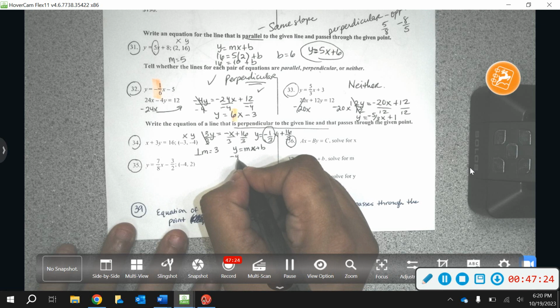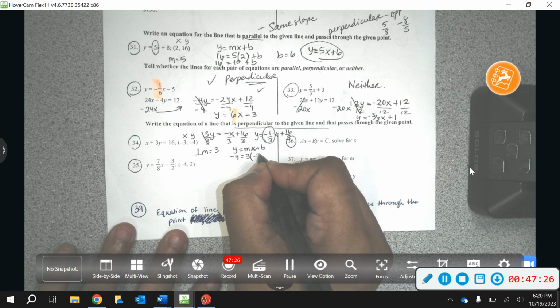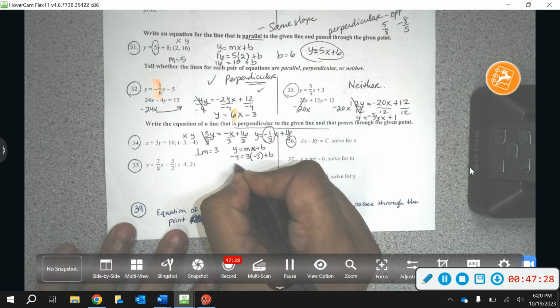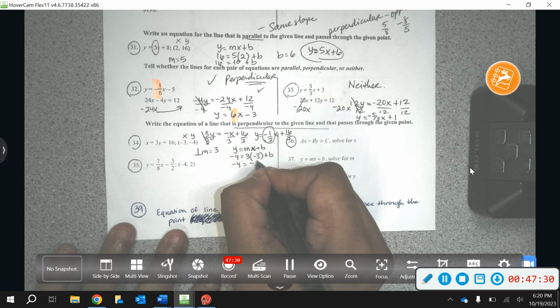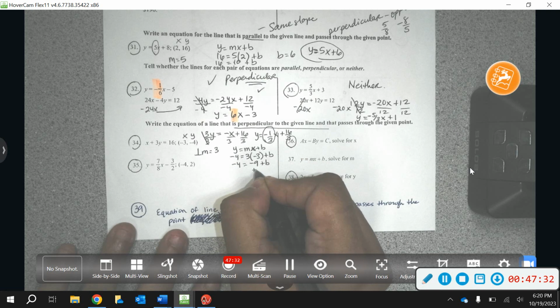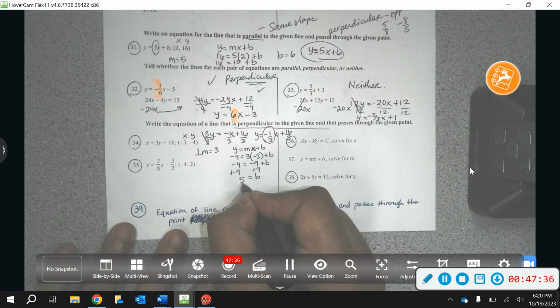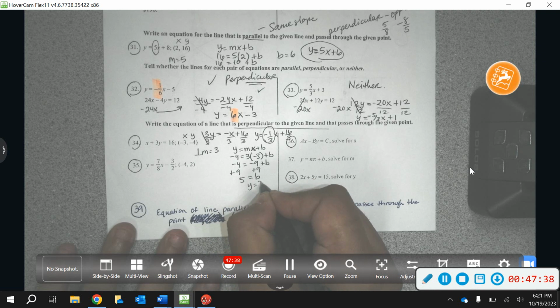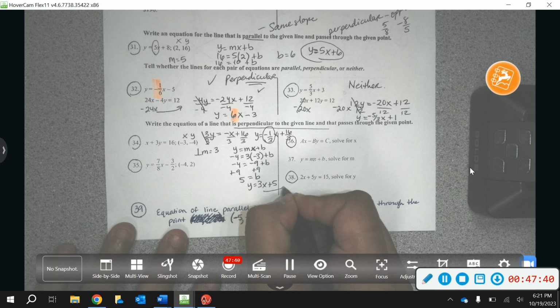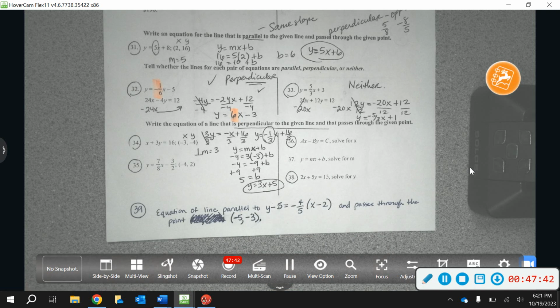Y is negative 4, my slope is 3, my x is negative 3, plus b. I get negative 4 equal to negative 9 plus b. Add 9 to both sides, and b is equal to 5. Y is equal to 3x plus 5. That is my line that is perpendicular to that line and has this as a point on my line.